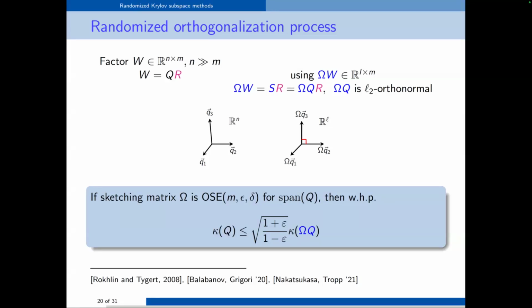And in many algorithms, we don't need Q to be orthogonal. We just need it to be well conditioned. So that's sufficient for many, many cases. And that's exactly what we are going to do.